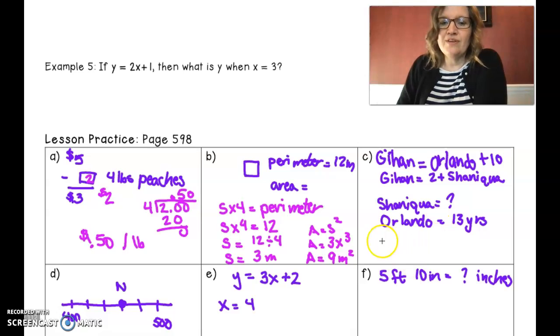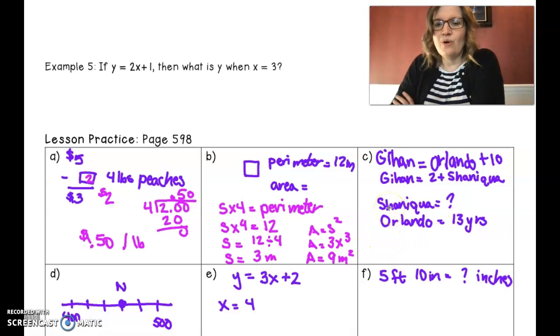So with all of this said, let's go with what we know. If we know that Orlando is 13 years old, then we know that Jihan has got to be 13 plus 10, which equals 23 years.